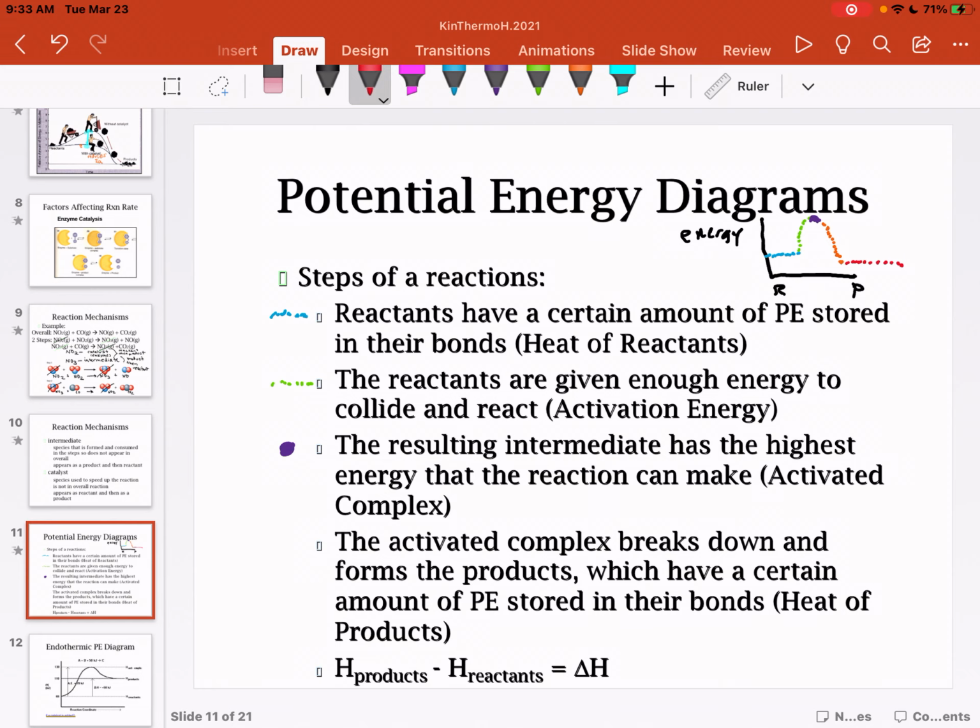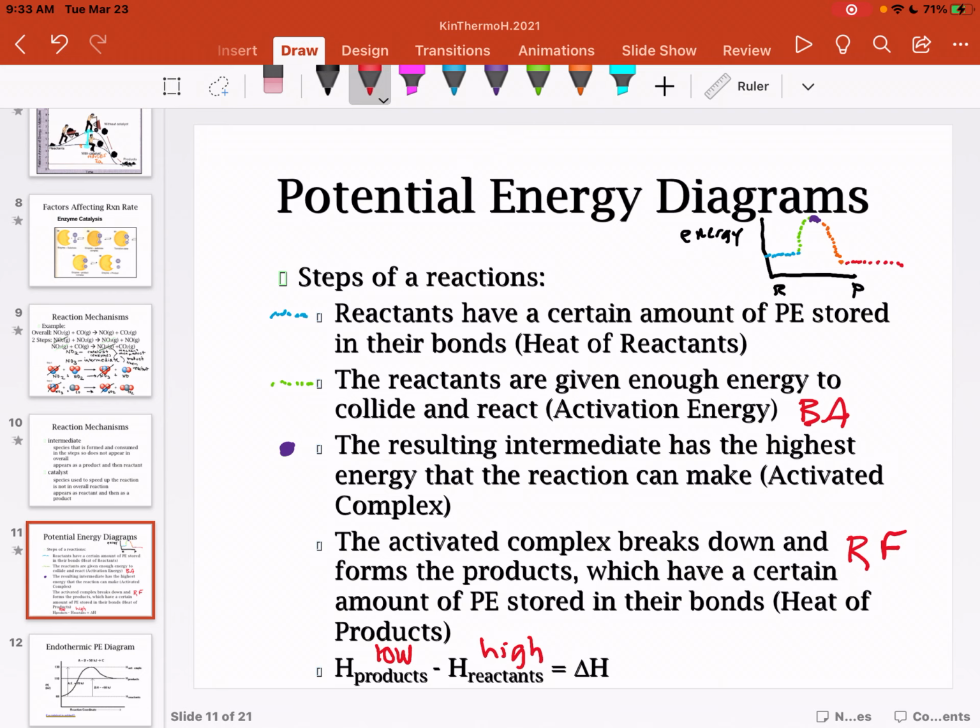So we know that this is bonds are broken, energy is added, and this is energy is released when bonds are formed. And what do we notice here? I look at where my products are. It is that second plateau. And what I notice here is that I have, compared to the reactants, this is a lower number. Reactants are a higher number.